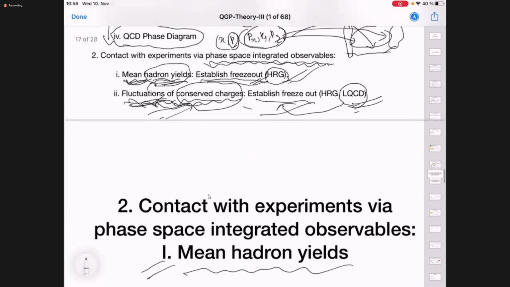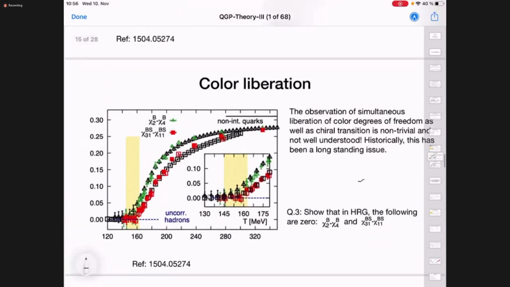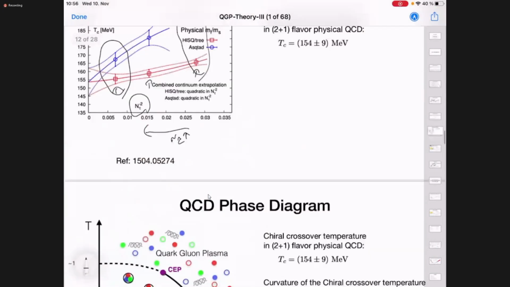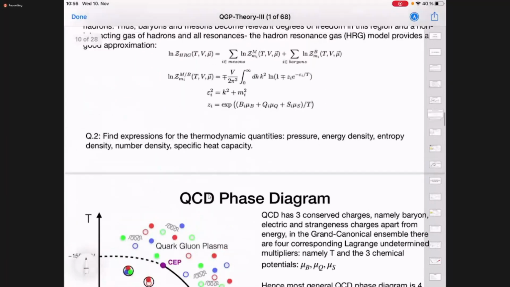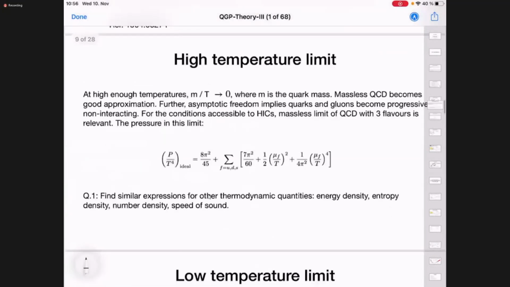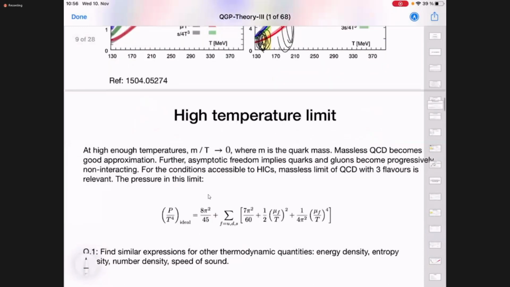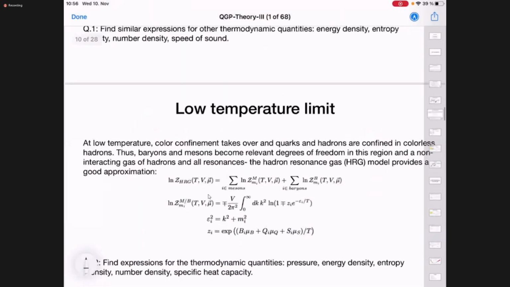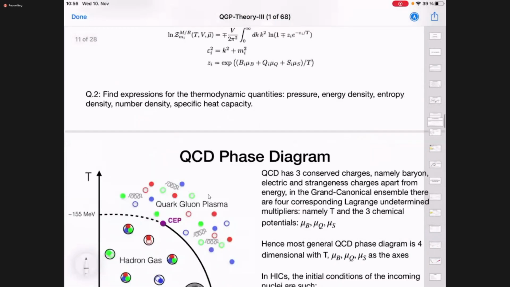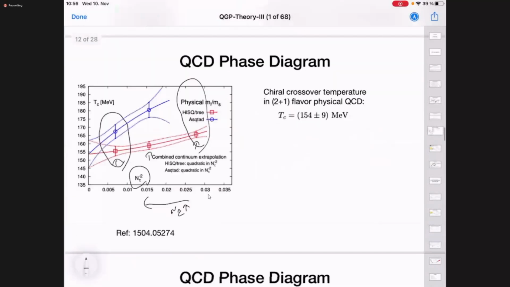That means what you are assuming, or what you're hoping, is that it's somewhere here, and not here, right? Because here we know that the HRG results will break down, because this non-interacting gas results will break down, for example, through this plot that we saw yesterday.